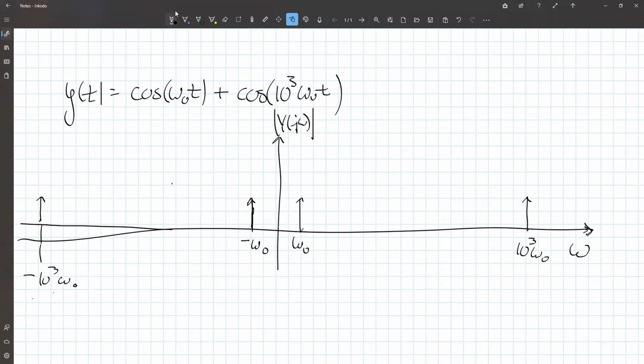When we talk about the spectrum, that's what we're talking about: it's the frequency content of the signal. If we were talking about a piano and we hit a key all the way towards the right side of the piano, our frequency content would be higher on the ω axis out here.